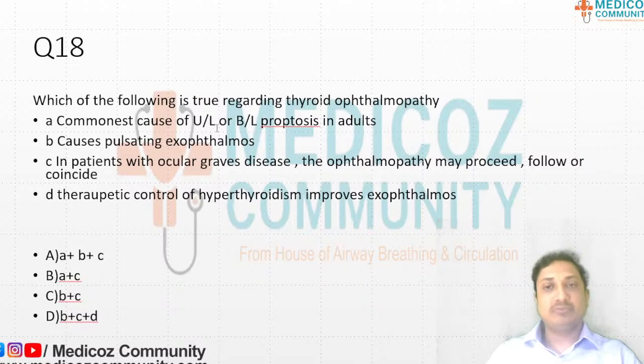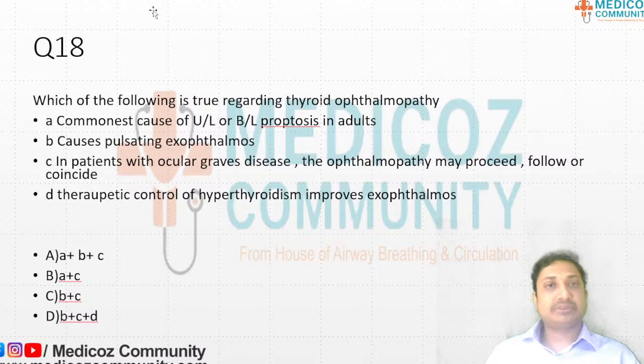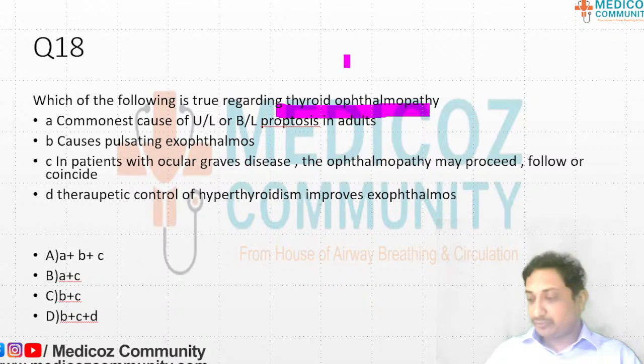Moving on to the next question, which is question number 18. Which of the following is true regarding thyroid ophthalmopathy? Okay, this is based on thyroid disease, thyroid eye disease. So which of the following is true regarding thyroid ophthalmopathy?